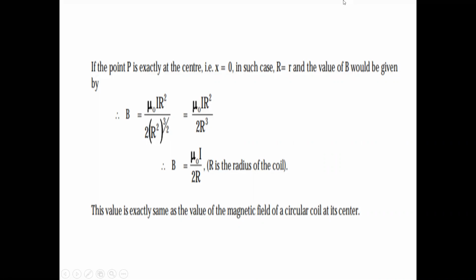That means here we discussed the magnetic field intensity at point P at a distance x from the center of the coil, and also exactly at the center of the coil. So this is the expression for that.